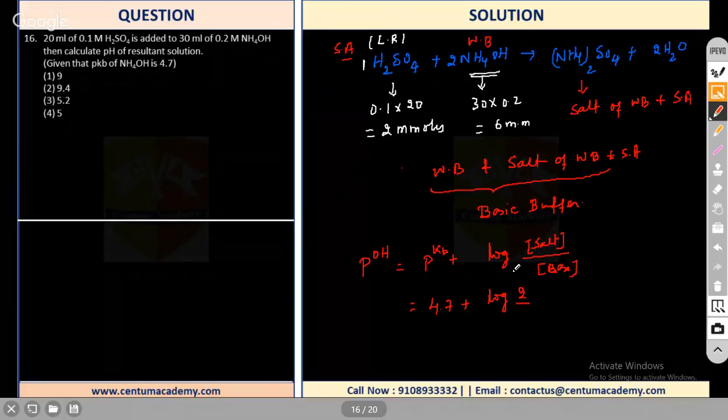Okay, so what is the concentration of salt we have? The reaction is balanced: 8 or 5, 7. Season is 4 plus 2, 6. Oh, okay, the reaction is balanced.